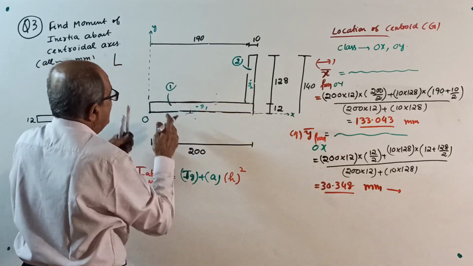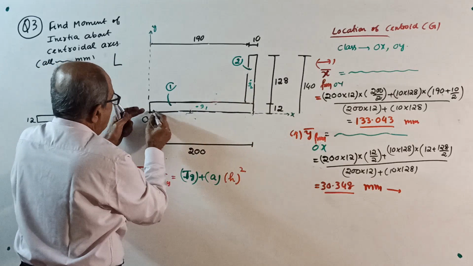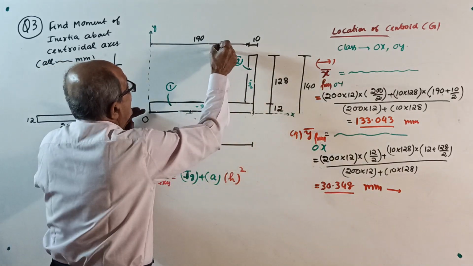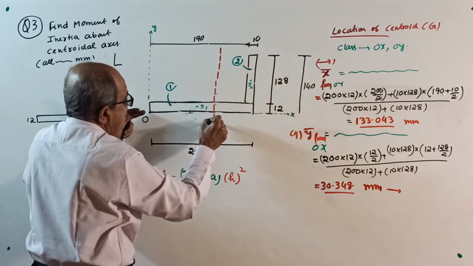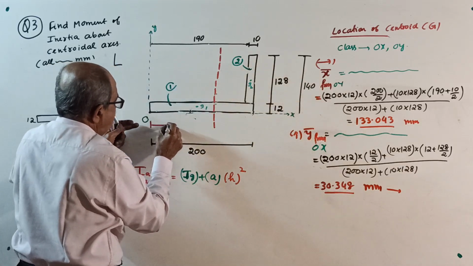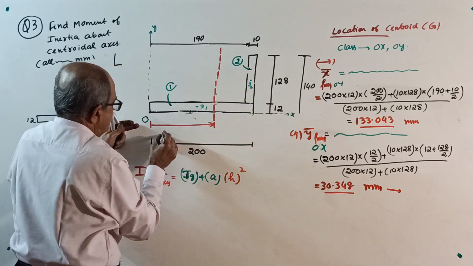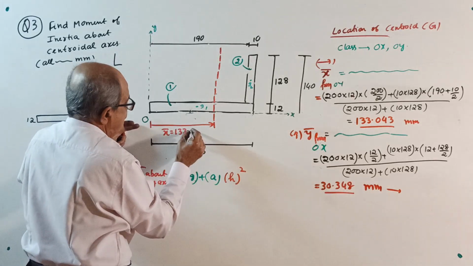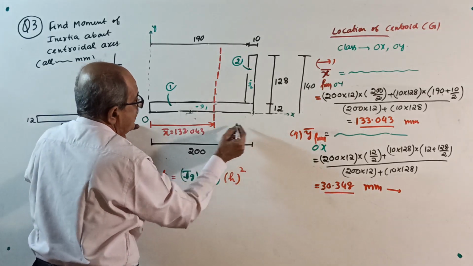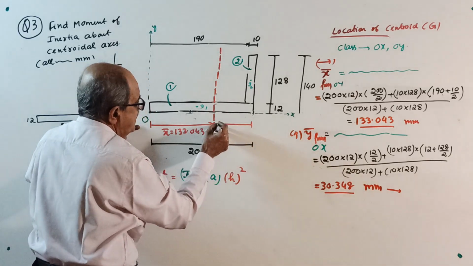Okay, see. X bar, 133, 100, let somewhere here. Exact scale I can't maintain. This is your x bar equal to 133.043. Immediately mark from this side.